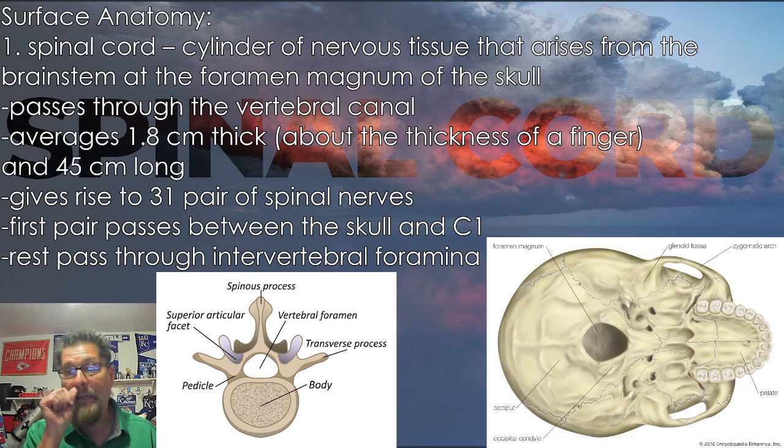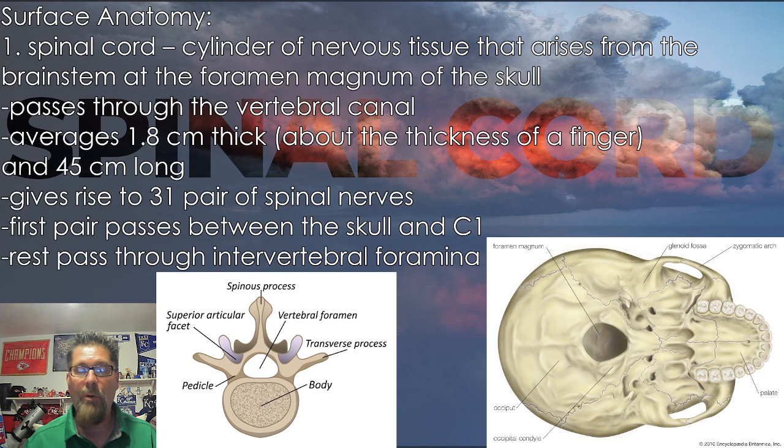All right, so the next thing we want to talk about is the structure of the spinal cord. And the amazing part is not only how this is able to be, but the way your body protects it. If you think about looking at the picture of the skull there on the far right, that hole in the center of the skull that each of us has, that's where the brain stem comes out of.